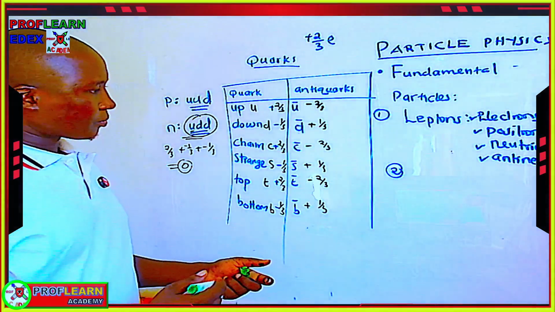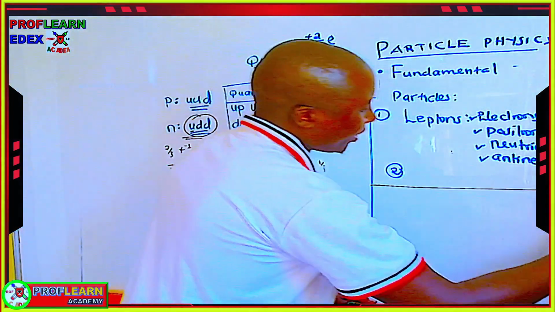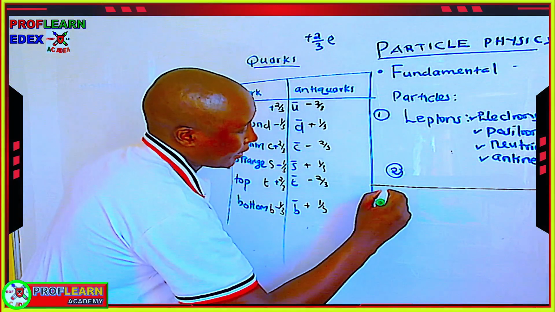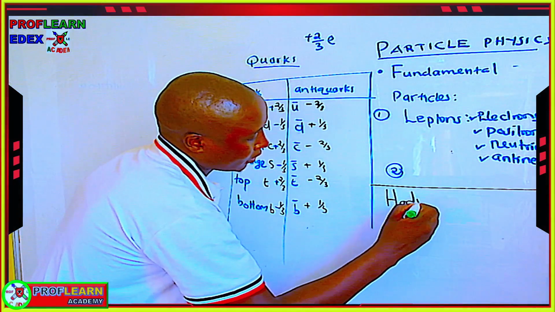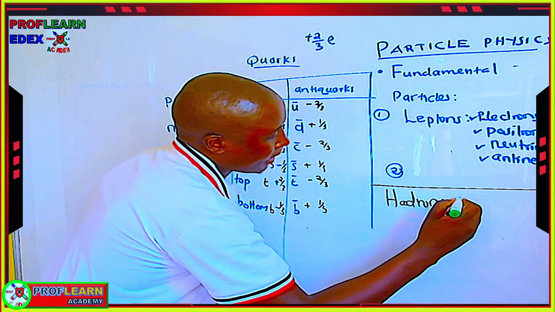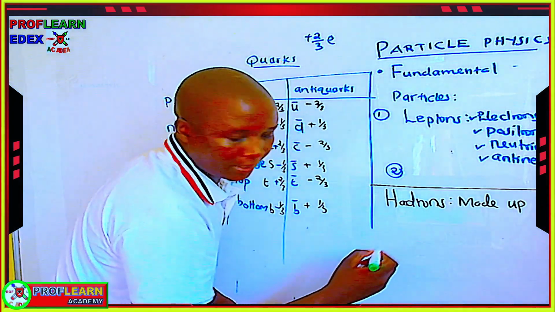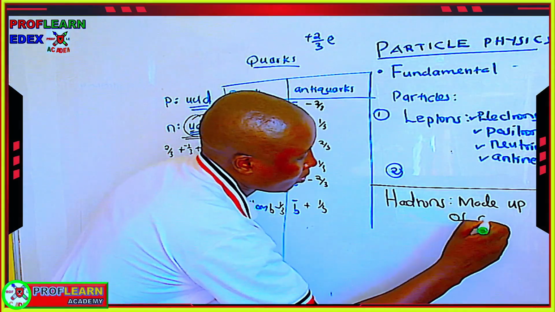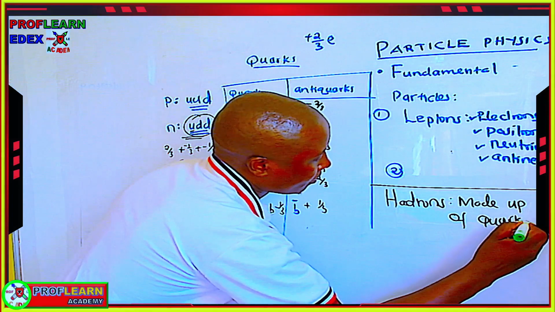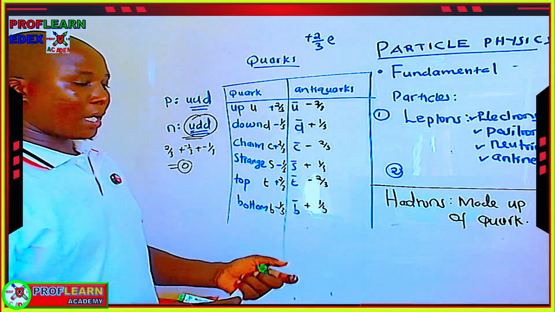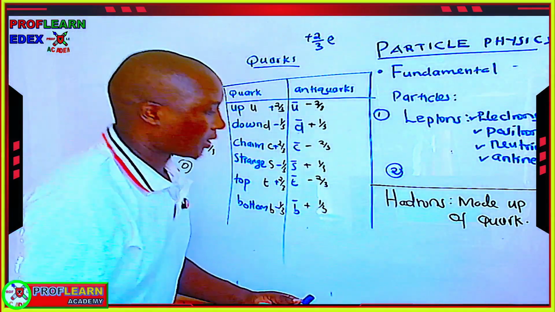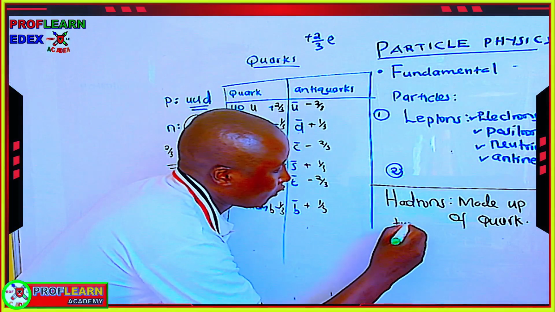We are going also to talk about hadrons. Hadrons are made up of quarks. Hadrons are particles which are made of quarks, and we have types of hadrons.